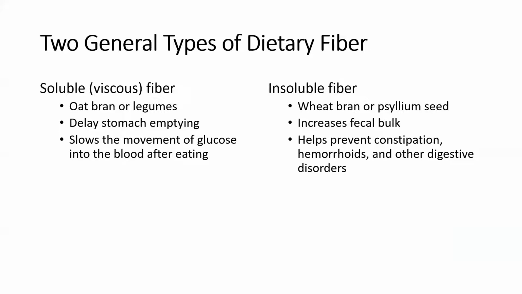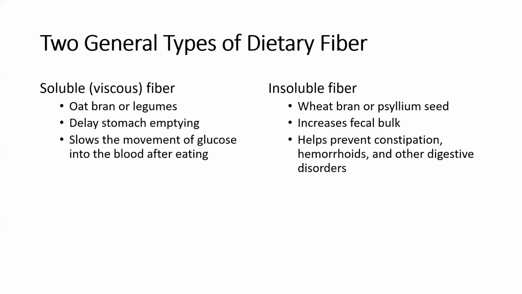These help with things like slowing down stomach emptying, so you feel full longer, as well as slowing how fast your stomach empties into your small intestine, which gives you a longer period of time in which to absorb the nutrients that are running through your small intestine.